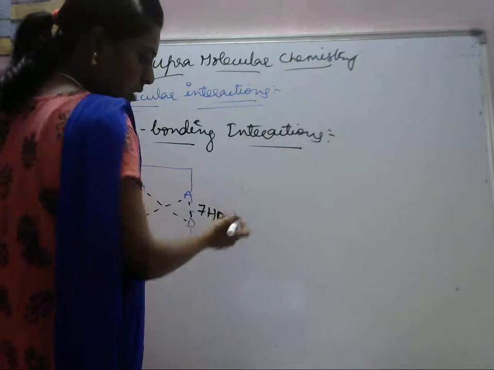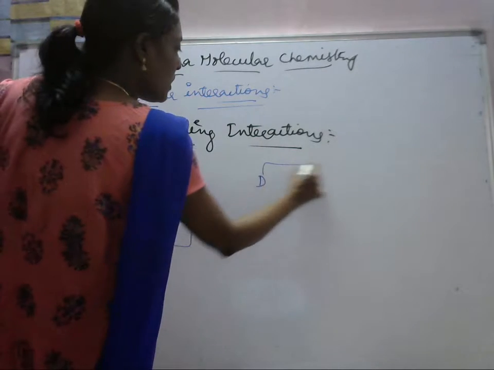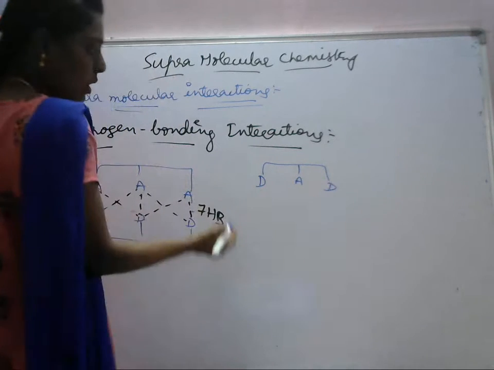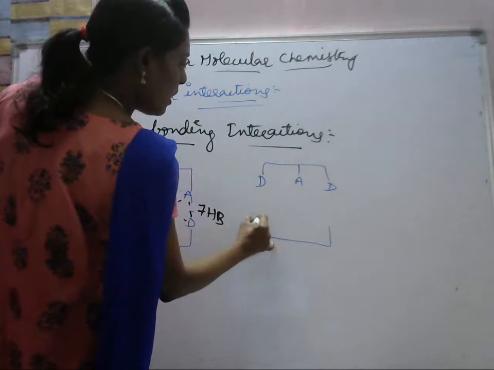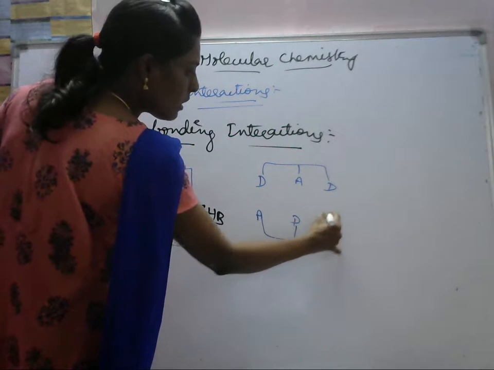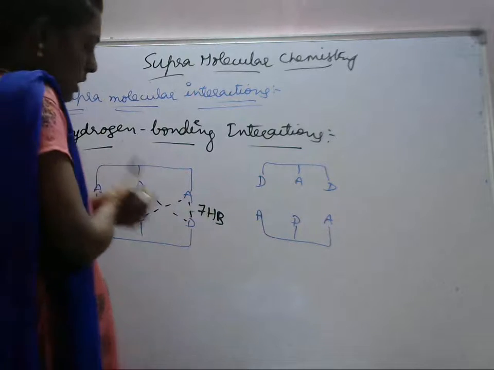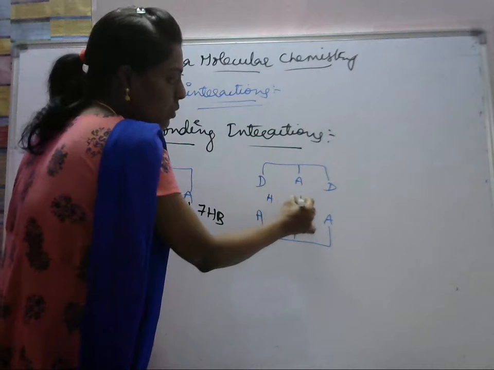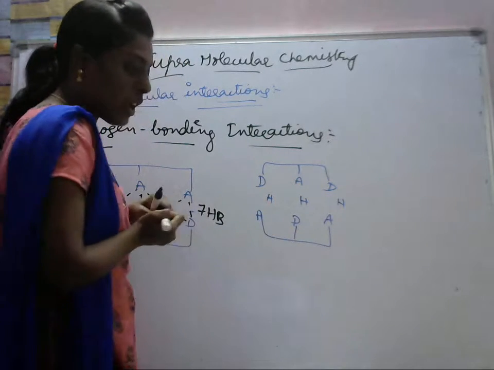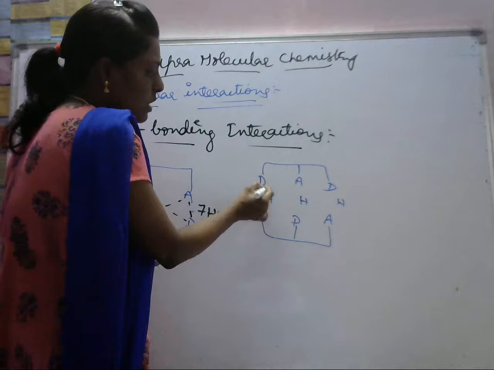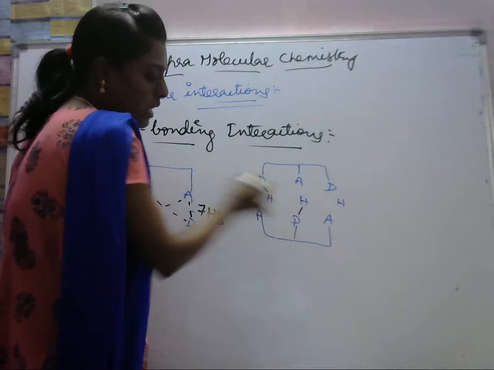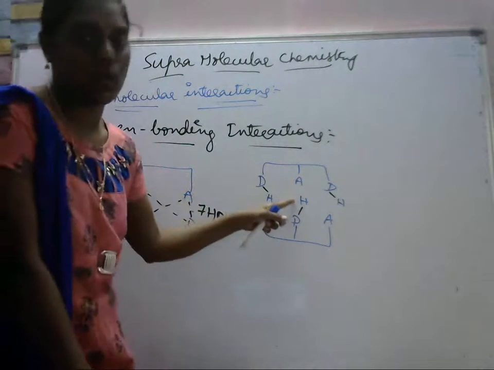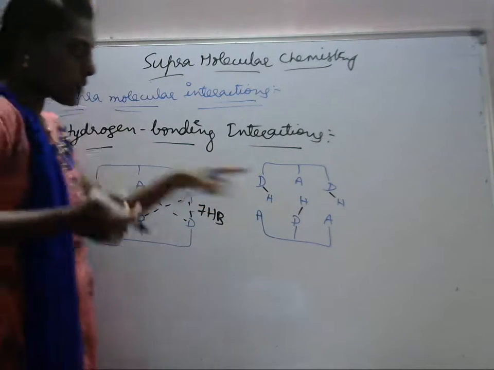Next we can write D, which has an acceptor A and a donor D. Same here, we take A, D and A. Hydrogen is present on the donor, and the acceptor accepts this hydrogen.